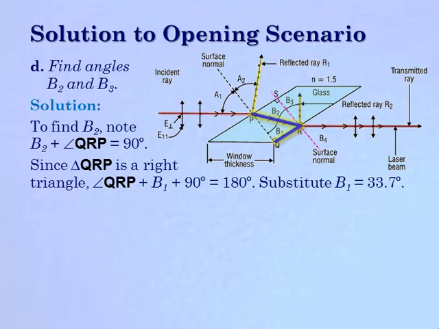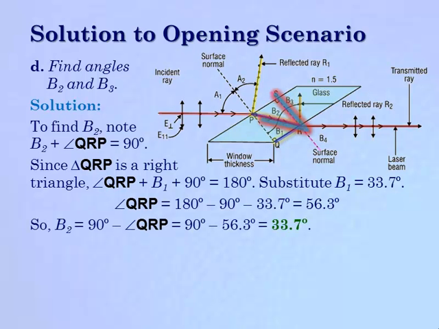If this is a right triangle, and we know B1 and we know this is 90 degrees, then we can calculate the third angle, QRP, which is 180 minus 90 minus 33.7 equals 56.3 degrees. So angle QRP is 56.3 degrees.